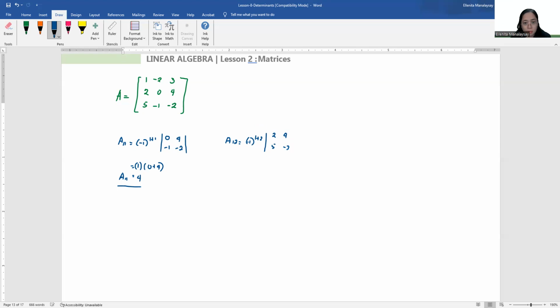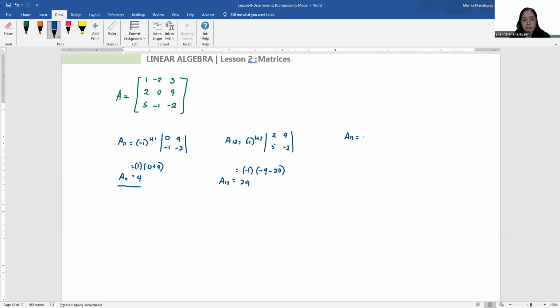This is equal to -1 raised to 3, that's -1, times 2 times -2, that's -4, minus 5 times 4 is 20. So -4 minus 20 is -24, multiplied by -1, so that is +24. That's A12.